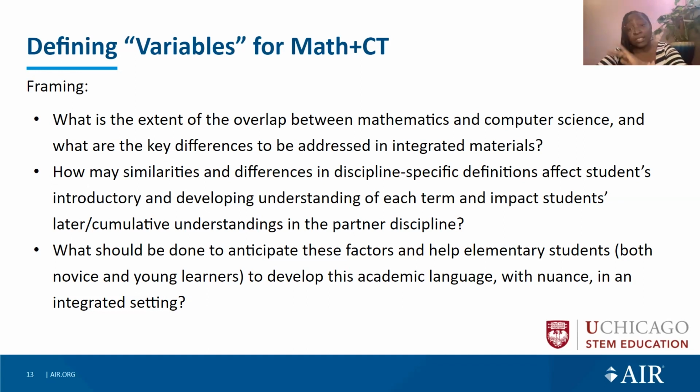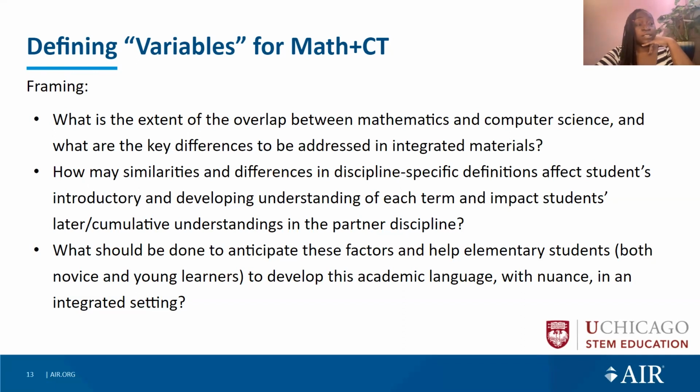And we said, hey, this is integrated instruction. We cannot leave it up to teachers to figure it out and explain it to kids, right? We need to anticipate these factors and help students who are both novice learners and young learners to develop this academic language with nuance in this integrated setting.